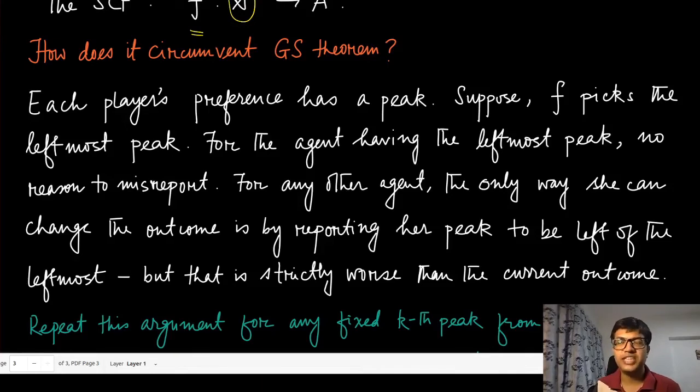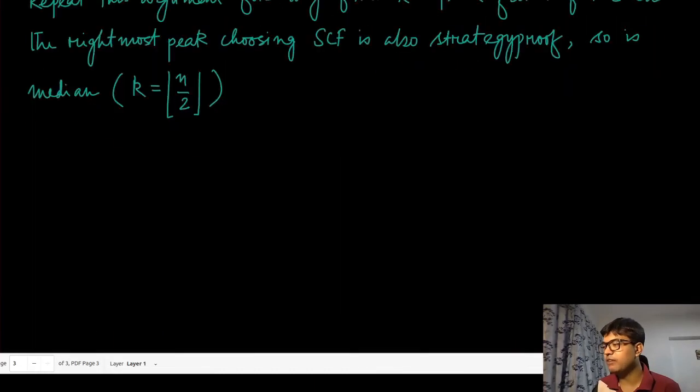The ontoness and Pareto efficiency I leave for you to verify. I'm just going to argue that there exists a strategy proof as well as non-dictatorial mechanism. And how is that? Let me explain this with the example that we have already discussed.